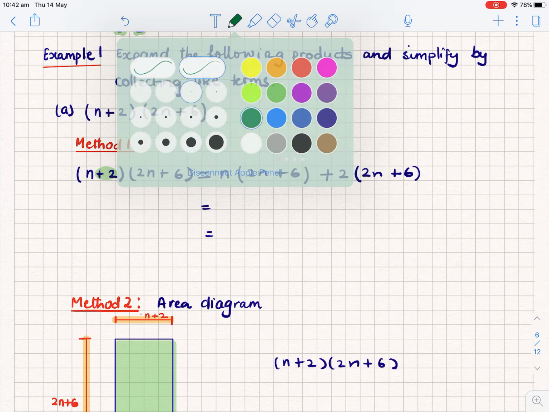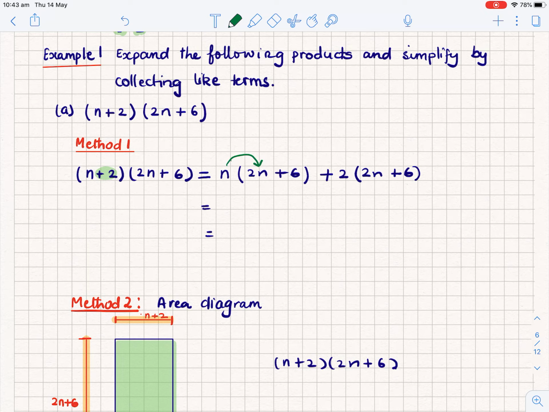And expand as you have already learned. That gives you n times 2n, 2n squared, plus n times 6, 6n, plus 2 times 2n, 4n, plus 2 times 6, 12.